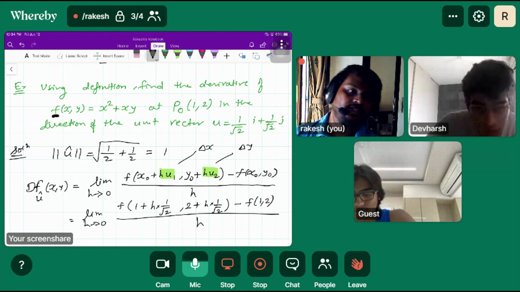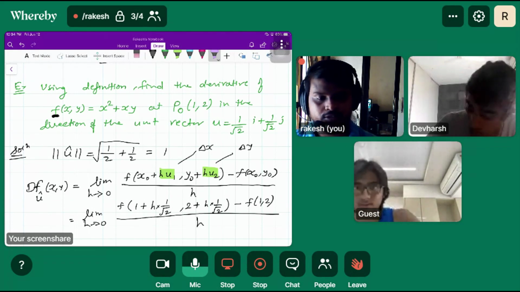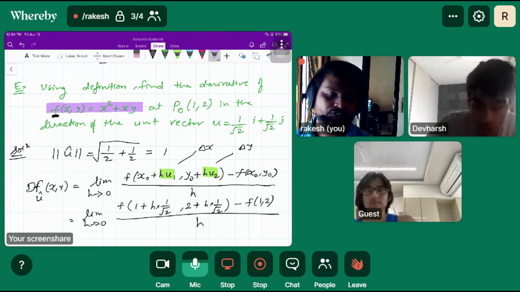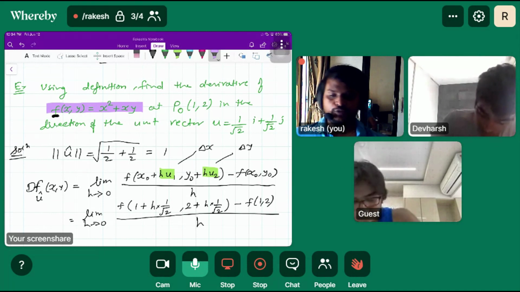Now just simplify this. The function is given. Substitute the value inside this function. Let me know the limit.